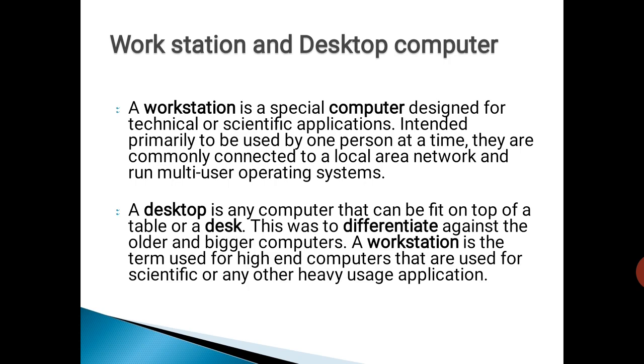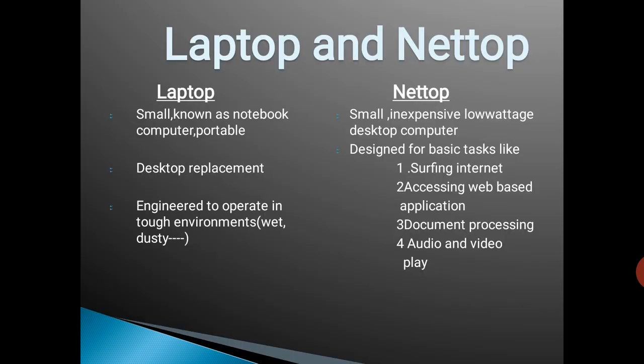And a desktop is any computer that can fit on top of a table or a desk. That's why it's called a desktop. This was to differentiate against the older and bigger computers. And a workstation is a term used for high-end computers that are used for scientific or any other heavy usage application.